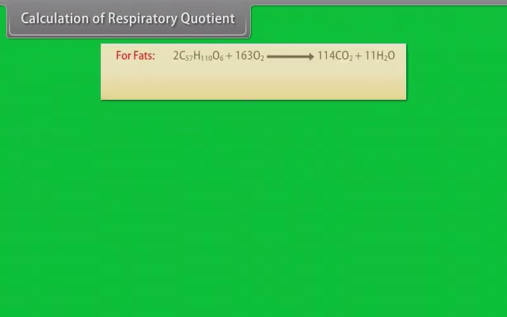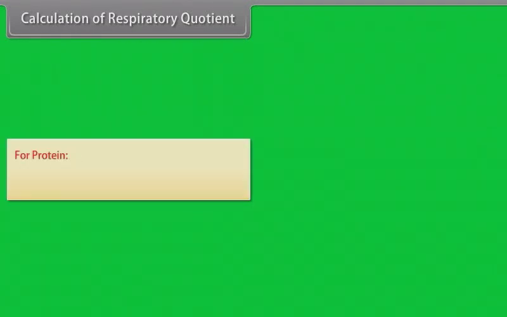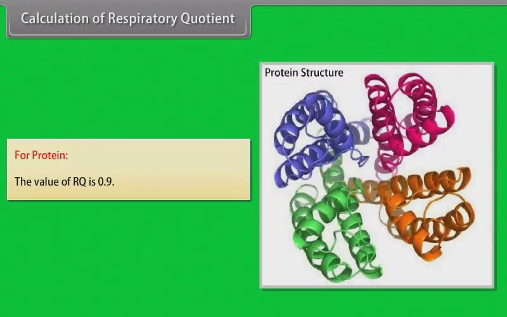For fats, 2 C57H110O6 plus 163 O2 gives 114 CO2 plus 110 H2O. Respiratory quotient is equal to 114 CO2 by 163 O2 is equal to 0.7. For protein, the value of respiratory quotient is 0.9.